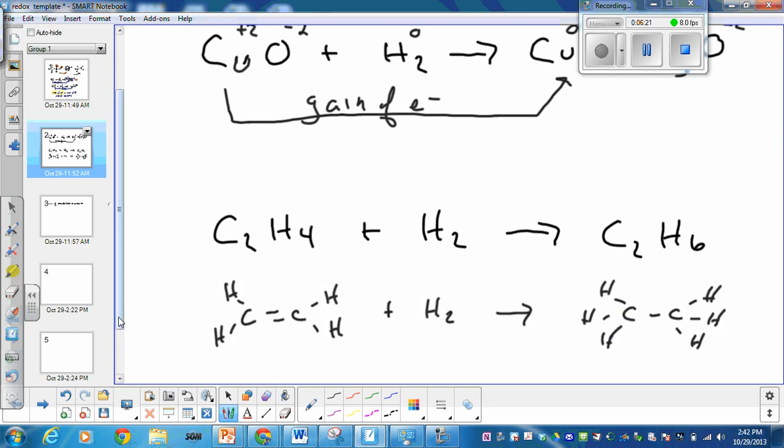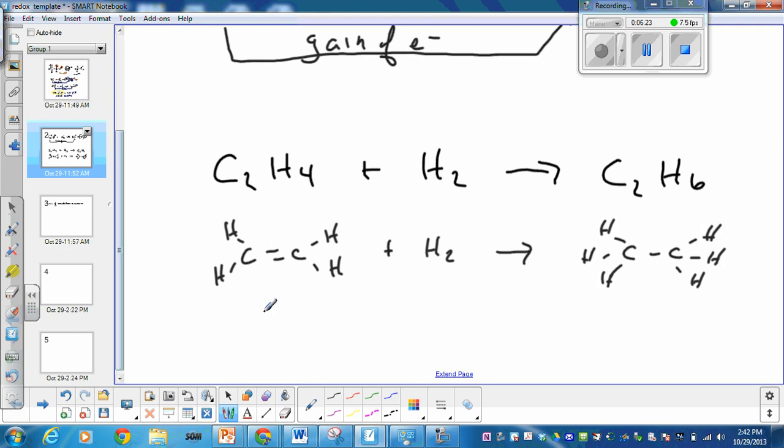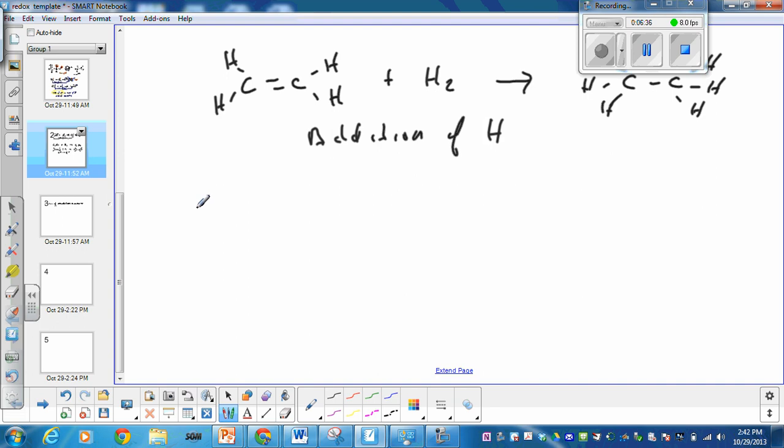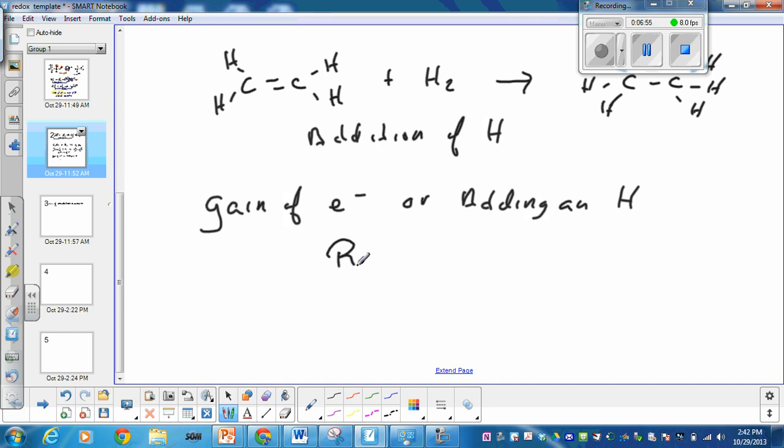In this case, what we're noticing is the addition of H. So what's in common in this case is that either a gain of electrons or adding an H are considered to be reduction.